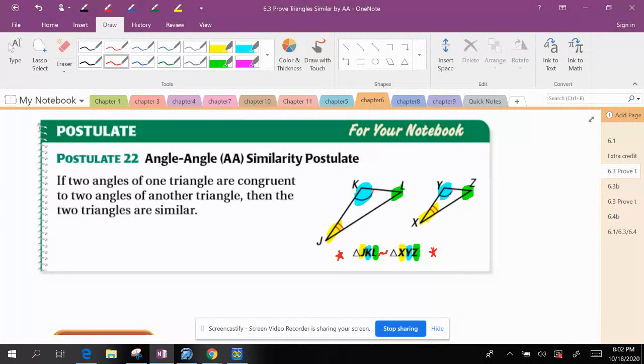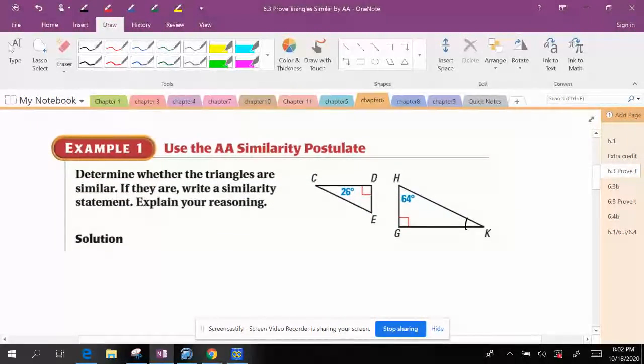J and X are both congruent, so therefore they have to match up. J goes first, X goes first. K goes second, Y goes second. That means they're congruent. L goes third, Z goes third, means they are also congruent. So don't forget about that from congruency statements from the previous section.